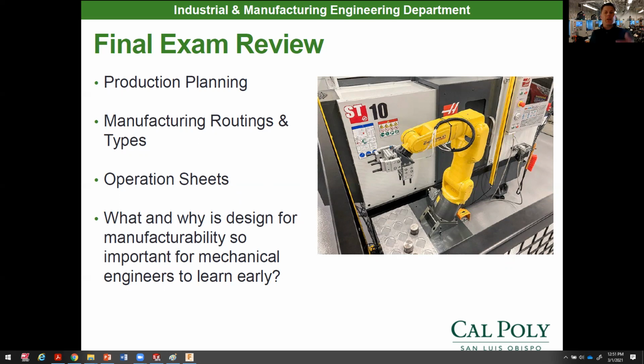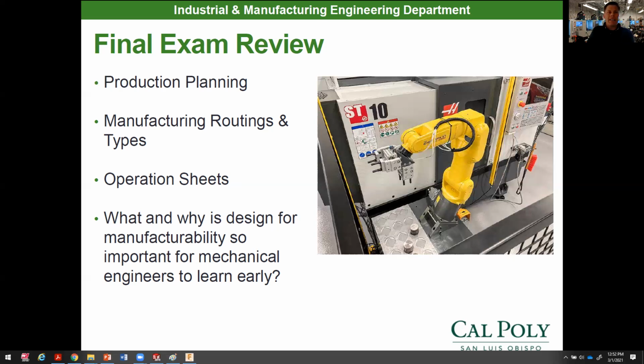We more so focused on routings and operation sheets. So we learned that a manufacturing routing was basically the recipe for one single part, right? And that routing could come in multiple flavors. There could be a standard routing or a parallel and a split routing. We actually had this set up in the air motor and the screwdriver project.